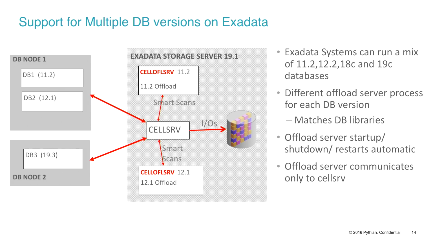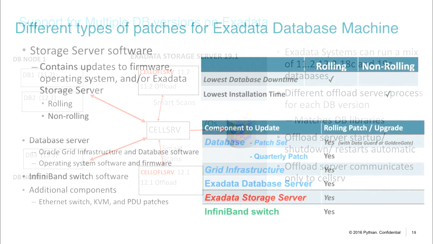All of the I/O, it sends, and this is where the smart scans are managed. So this is a little bit of how it works, but I'm not going to go deep into this, right?